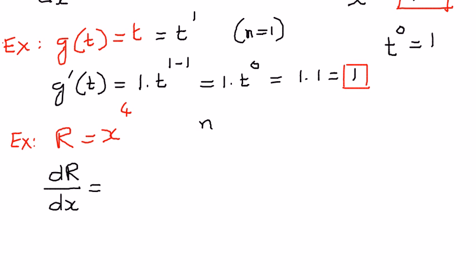In here, n is equal to 4, so 4 times x raised to the power of 4 minus 1. Therefore, 4 times x to the power of 3. So that is our answer. That is where we want to leave it.